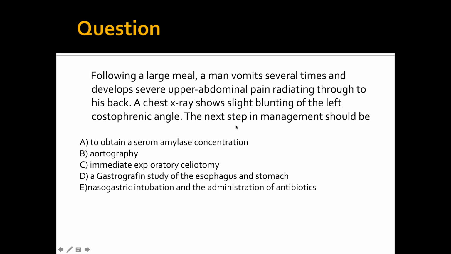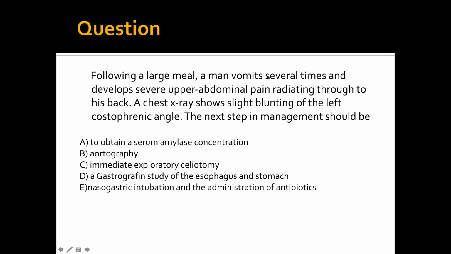So this tells you several times vomiting, upper abdominal pain, chest X-ray shows some fluid in the left chest. So this could be consistent with perforation. Would you obtain a serum amylase concentration? Probably not. Aortography, so are they trying to tell you aortic dissection or something?